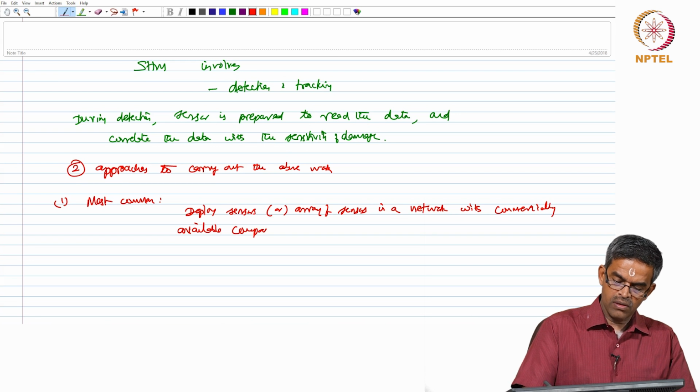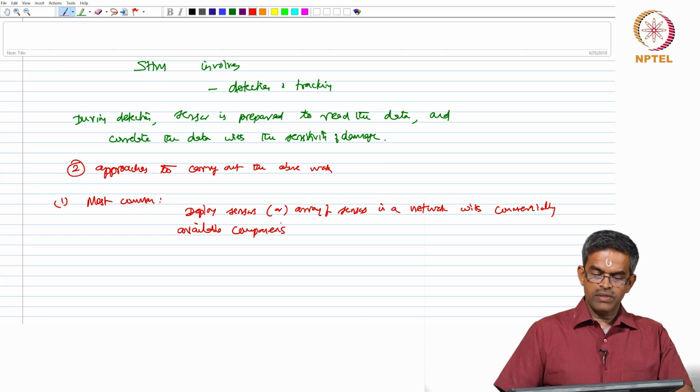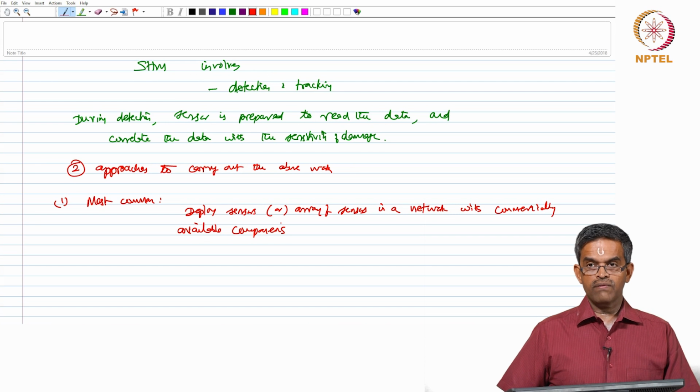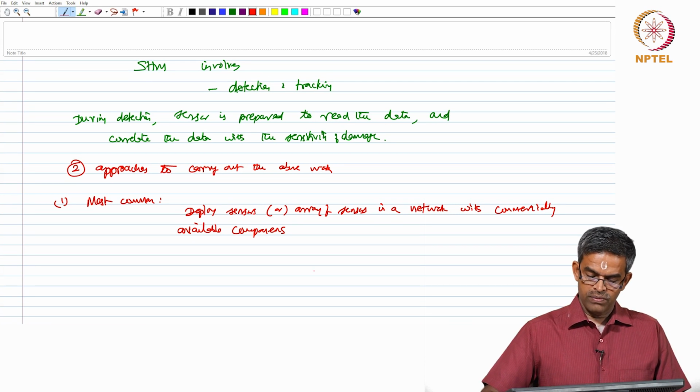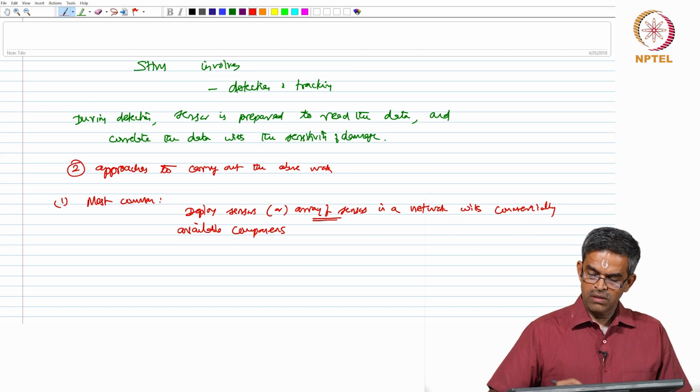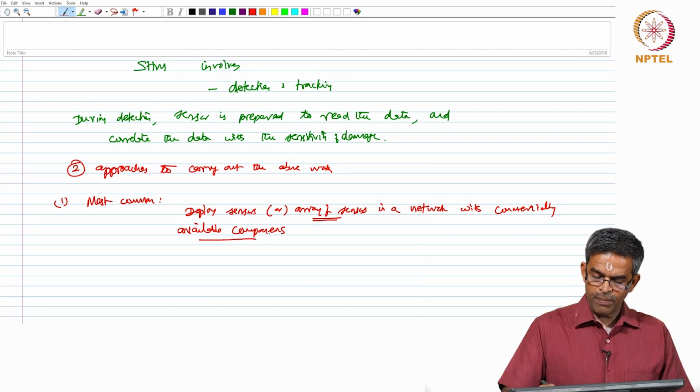That is the first method by which I can do the sensing for offshore structures. So, I choose an array of sensors from the commercially available components in the market.